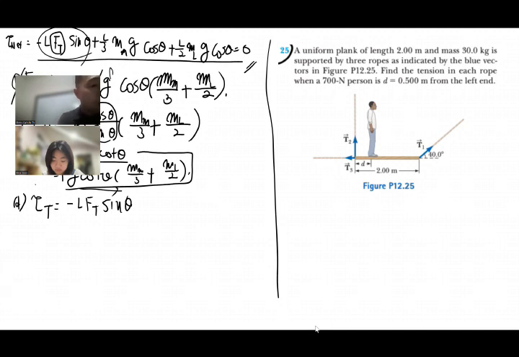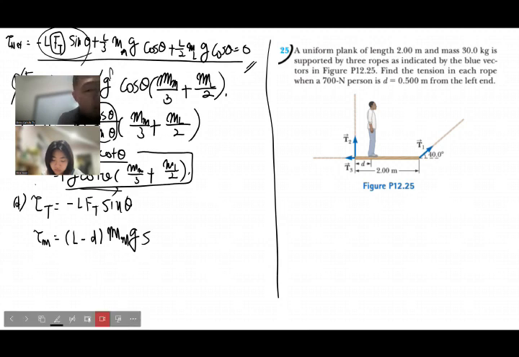The position of the monkey is now parameterized with d, so the lever arm is L minus d, times the monkey's mass times g times sine of theta plus pi over 2, which is L minus d times m_m g cosine theta.